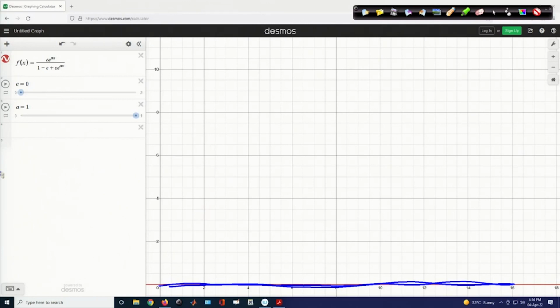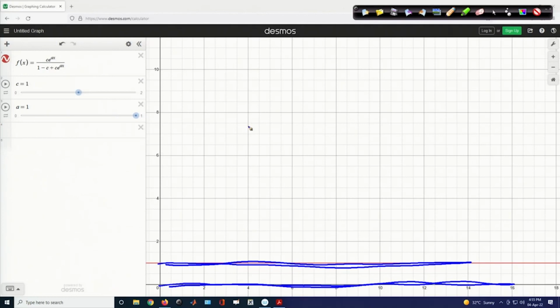If the initial population is 0, you will remain at 0 forever. Then if your initial population is 1, again you would remain forever at 1.